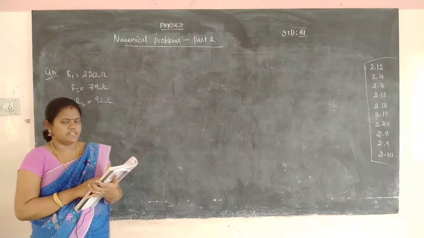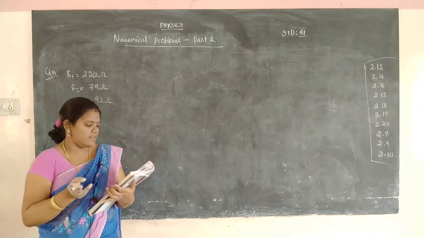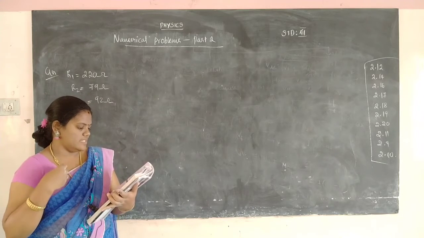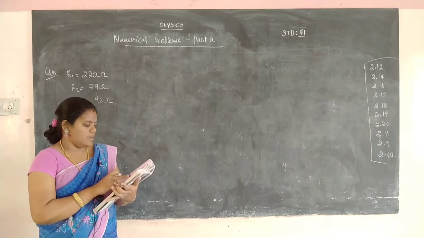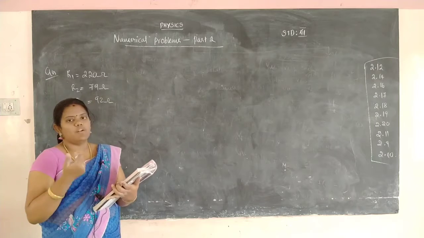First 2 resistors will be in parallel and the third resistor will be in series. Okay, so first we want to calculate with the 3 resistors R1, R2, R3. We want 150 ohm.